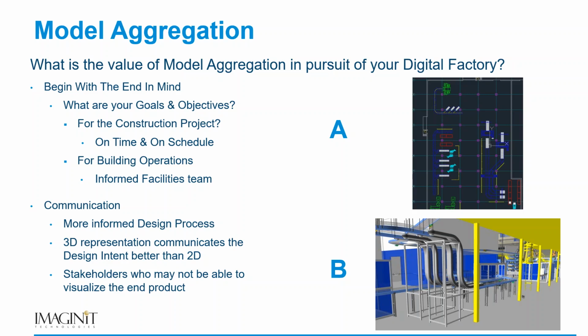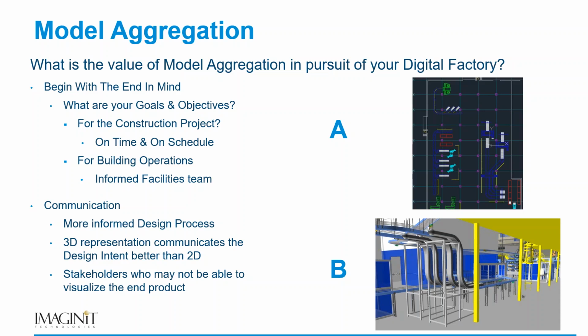So what are some of the worst issues we deal with in project delivery? Communication, it's always siloed and broken. Well, with a more comprehensive model-based process, you have more information at your fingertips, and you're able to access that information right there on your desktop or even on your mobile device.